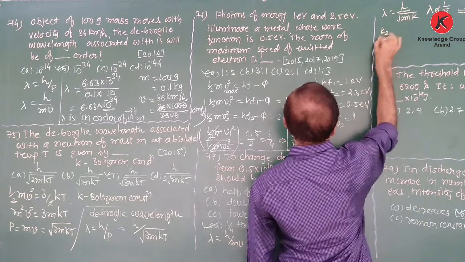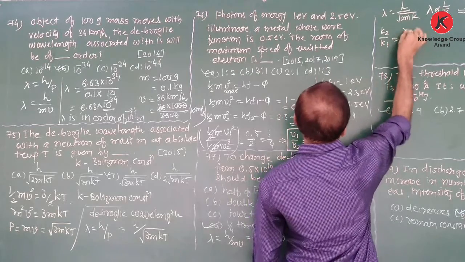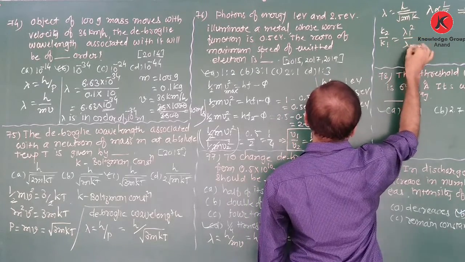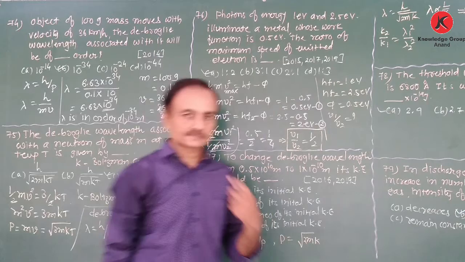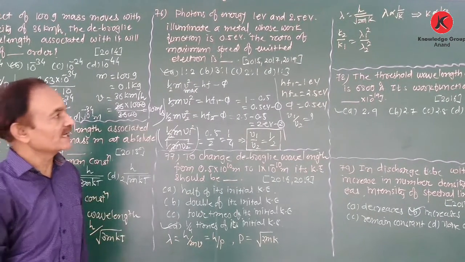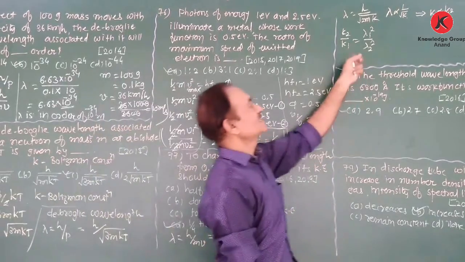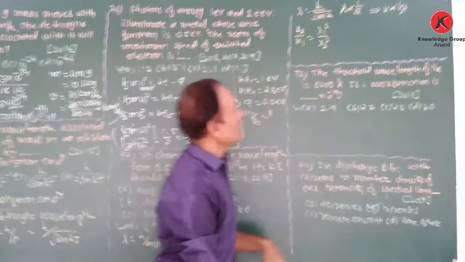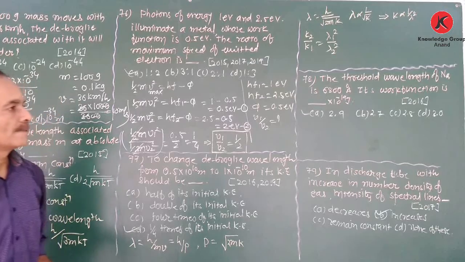Therefore, K2 upon K1 is equal to lambda 1 square upon lambda 2 square. Now, the final kinetic energy to the initial kinetic energy is equal to lambda 1 square upon lambda 2 square.